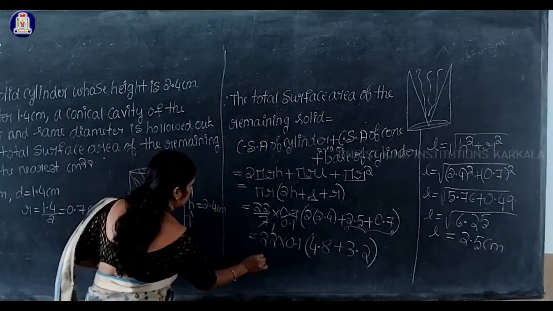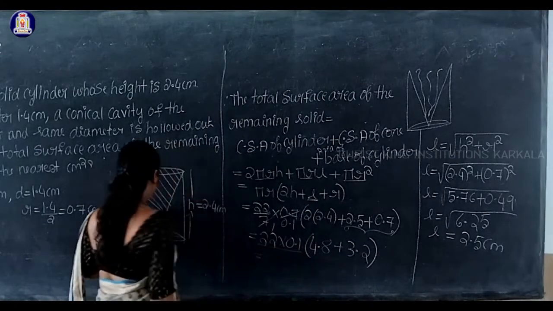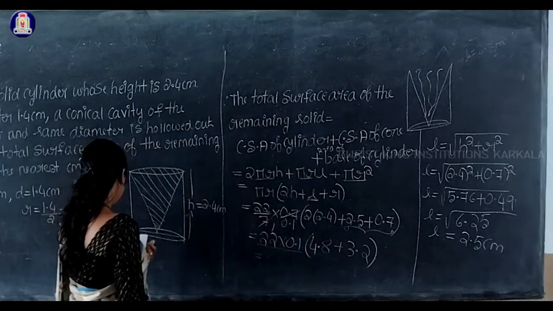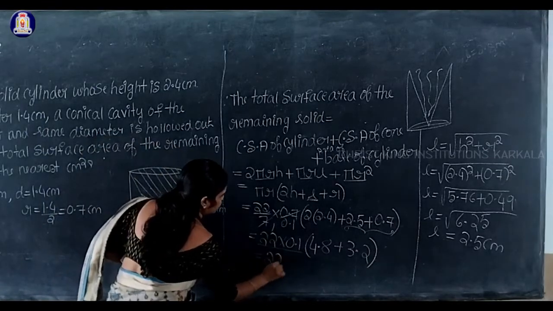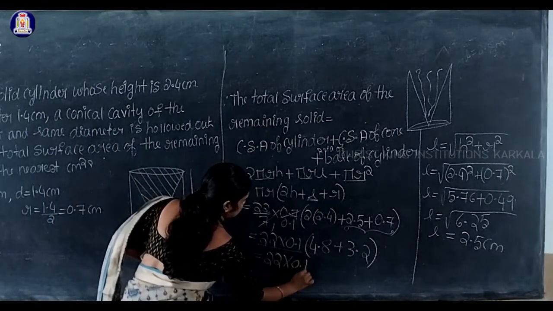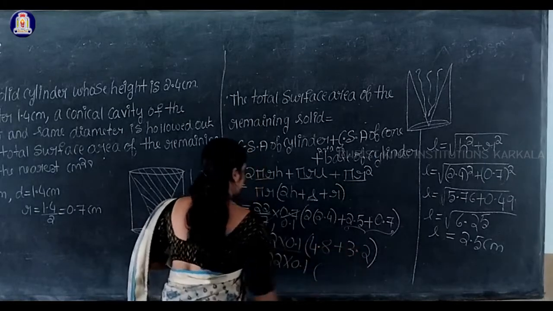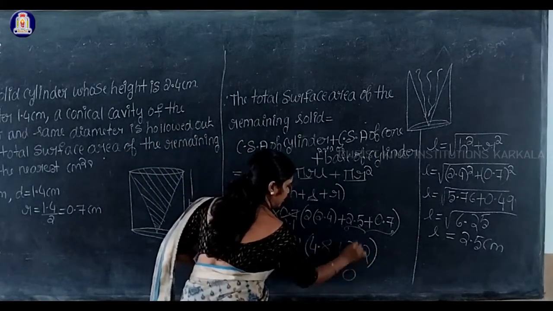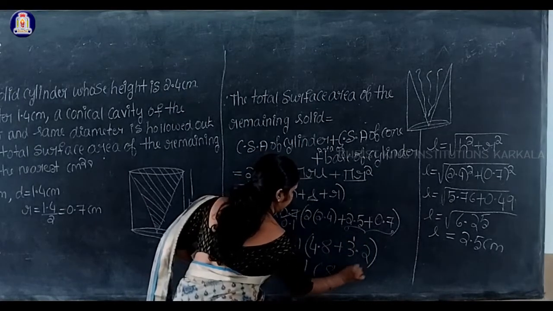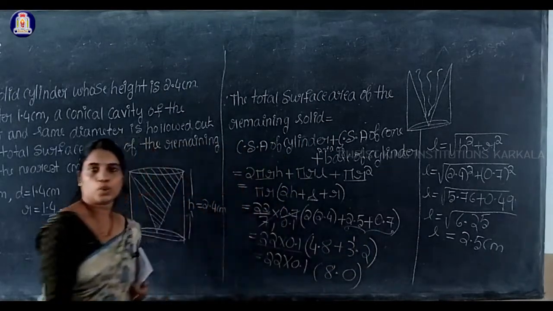Okay, so this is equal to 22 into 0.1. Before that, 22 into 0.1 I'll write as it is. 4.8 plus 3.2 equal to how much? 8 plus 2 is 10, 1 carrying, so I'll get 8.0.